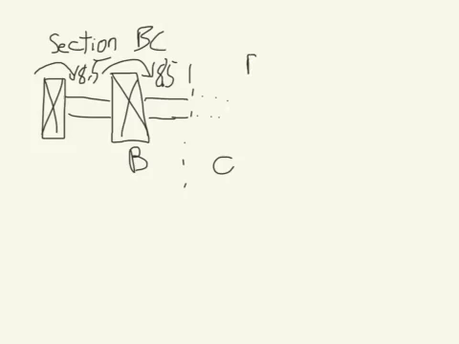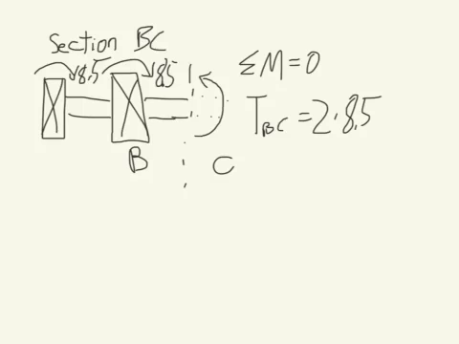So we know the sum of all moments at this section is going to be 0, and for that to be true, the internal torque here has to counteract two 8.5s. So the torque from B to C is 2 times 8.5, which is 17. We again use the units newton millimeters, so we multiply by 1,000 and then 1,000 again to get that 10 to the 6th. We don't want to forget that.